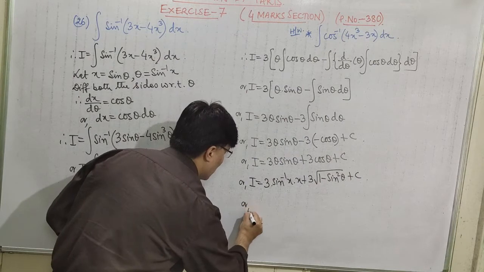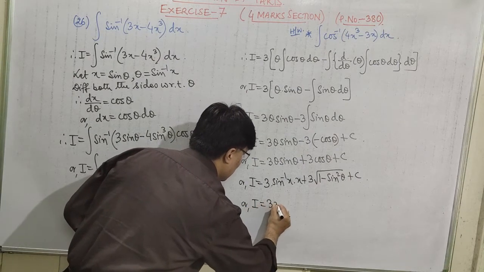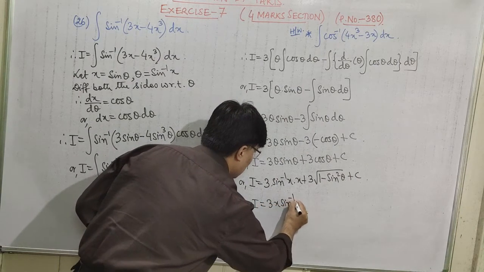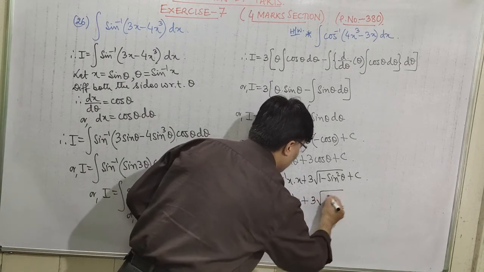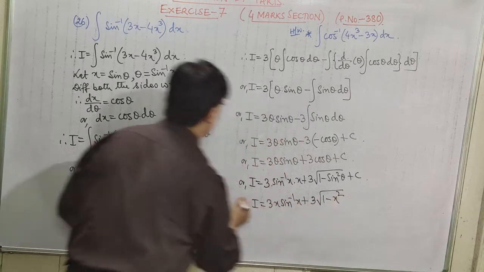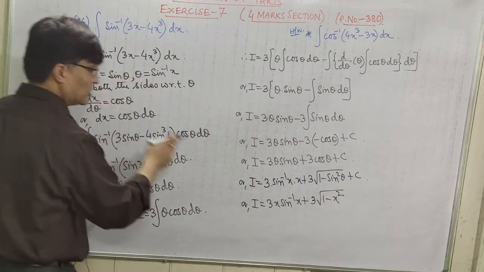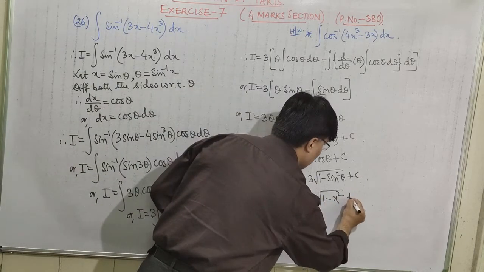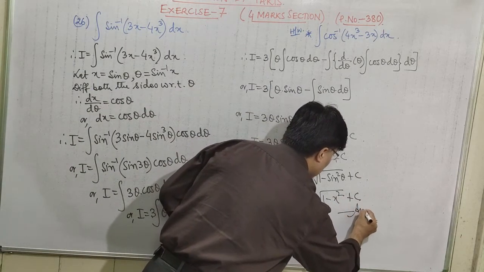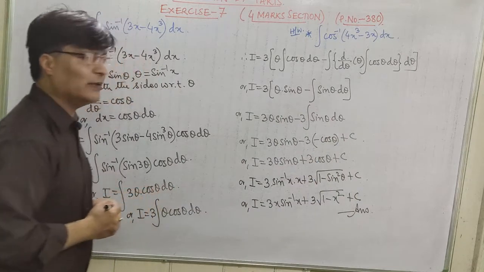So I is equal to 3x sine inverse x plus 3 root over 1 minus, what is sine theta here? Sine theta is x, so you can put the value here. So root over 1 minus x squared, then plus c.